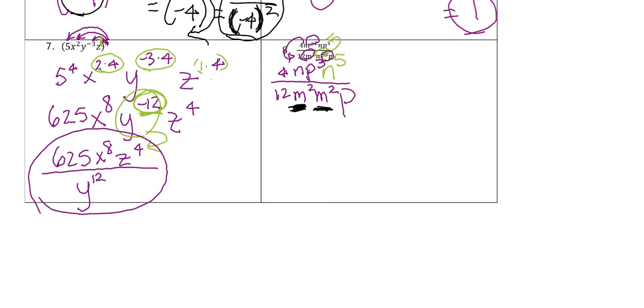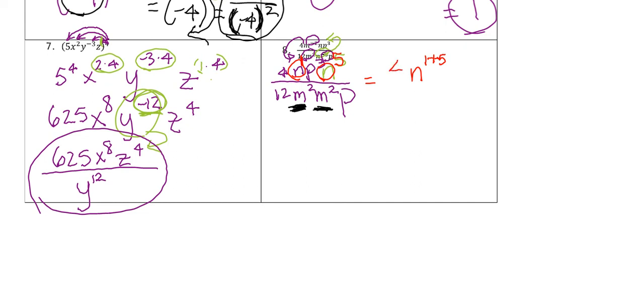And then you should see here that we have a couple of the same variables on the top. Okay, so n to the first, n to the fifth. We can combine that to n to the 1 plus 5 power.